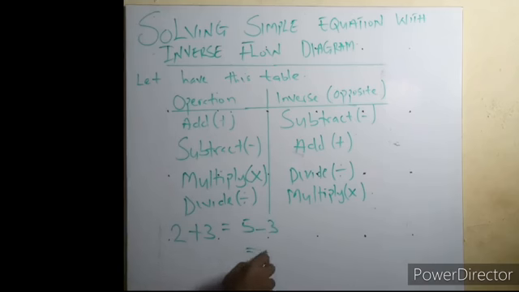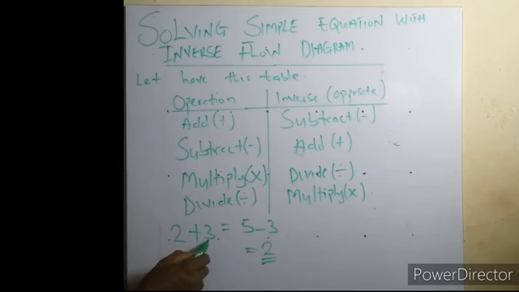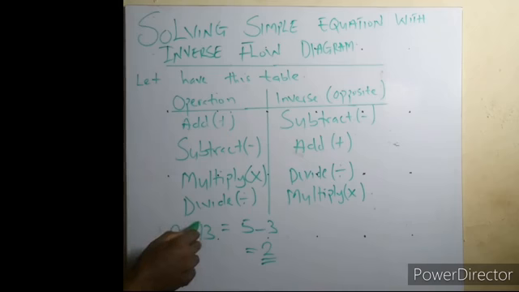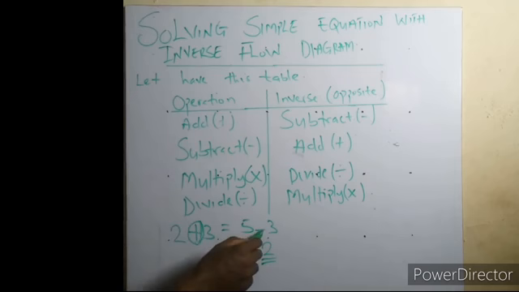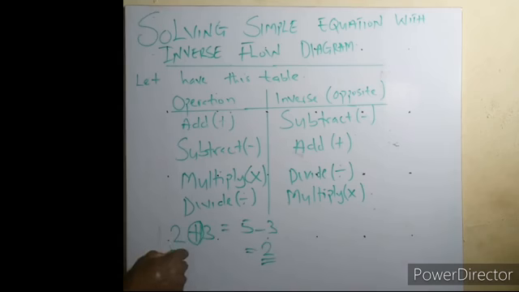I'm going to come back to where I came from. Coming from 2, I added 3 to 2, and it gave me 5. Then I take the inverse, which is minus, and I subtract 3 to give me back where I came from.